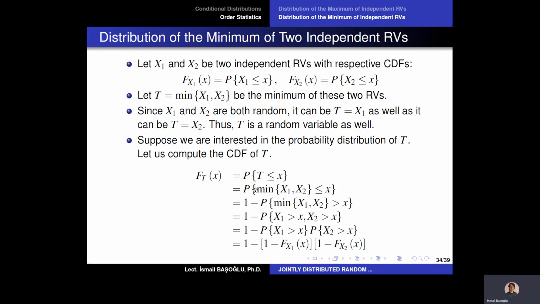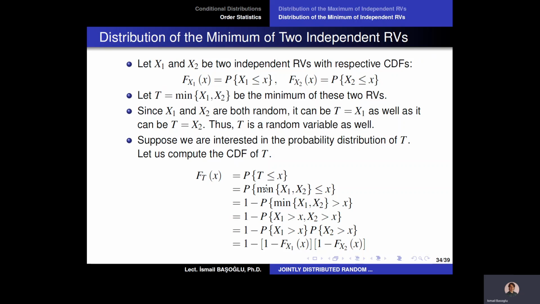However, if you rewrite this probability statement using its complement, which means if you rewrite this probability as 1 minus the probability of minimum of X1 and X2 to be greater than x, in that case, you will realize that the minimum of X1 and X2 to be greater than x will require both of these random variables to be greater than x, or in other words, if both of these random variables are greater than x, automatically their minimum is going to be greater than x as well.